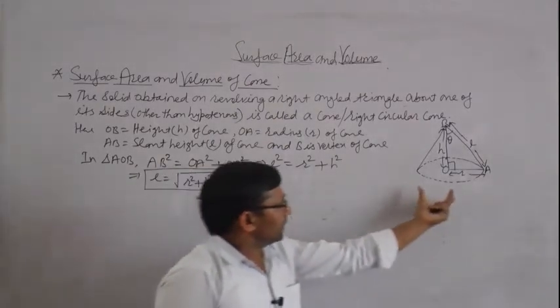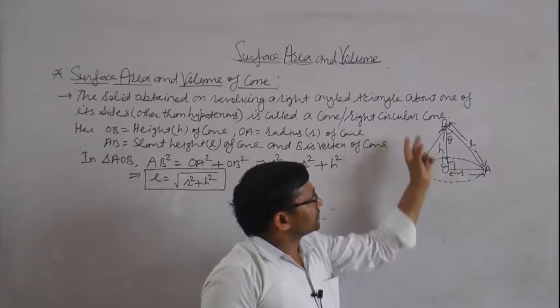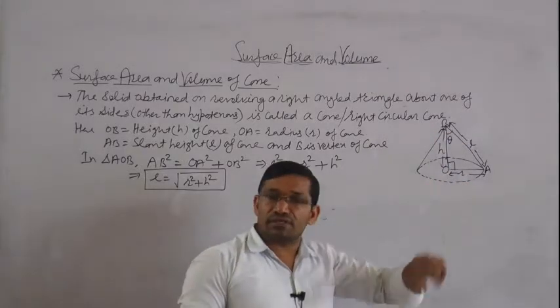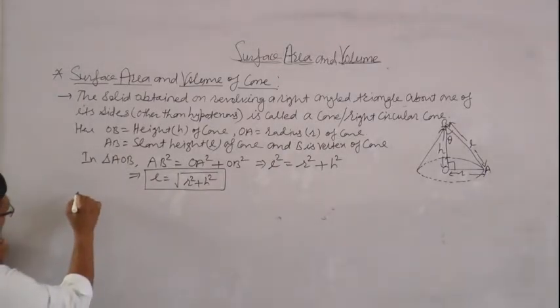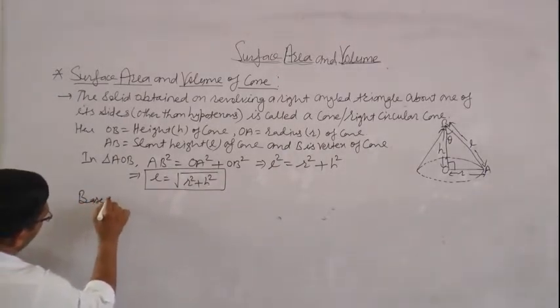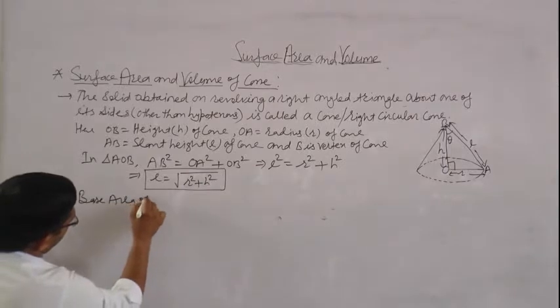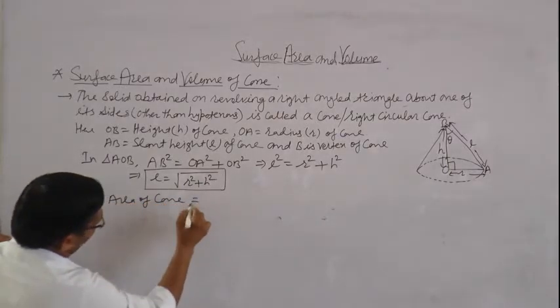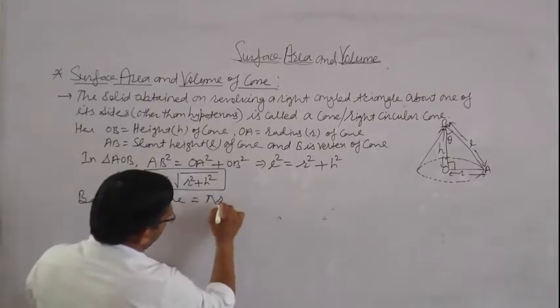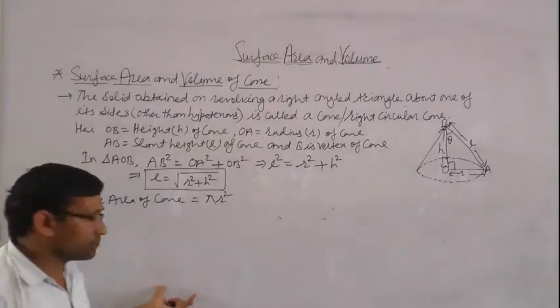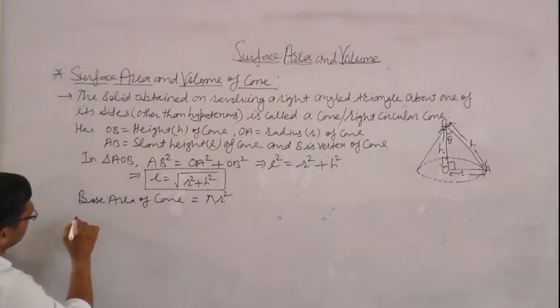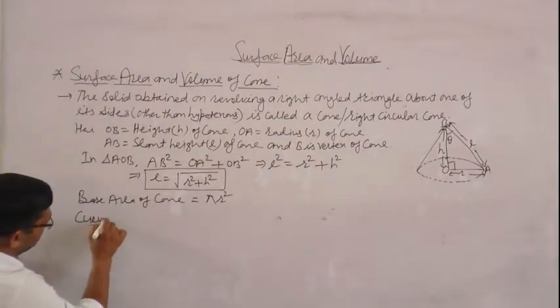Okay, then the base. Because a cone has a circular base, the base area of the cone is equal to pi r square. Then curved surface area.